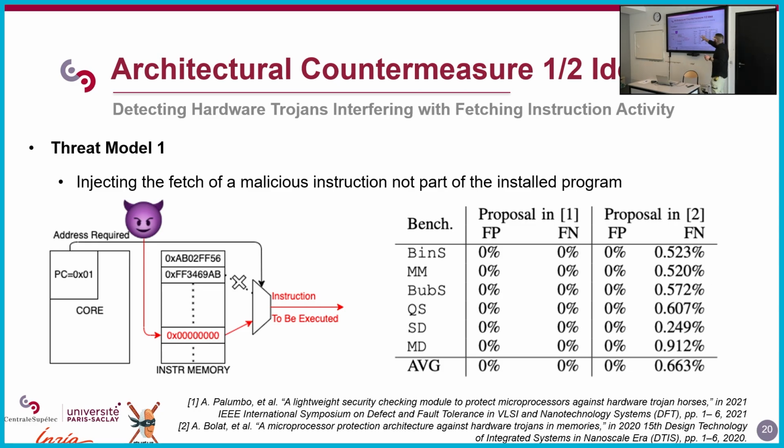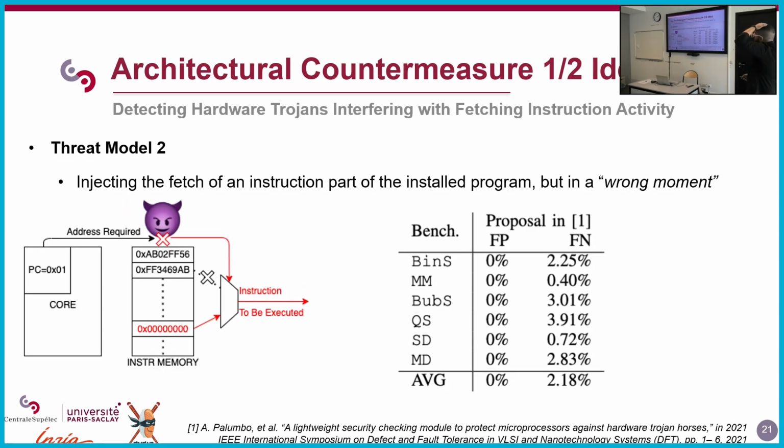In this implementation, we have 0 false negatives and 0 false positives. The false positives are 0 by the mathematics behind it. Also in implementation number 1, we get 0 false negatives. In this threat model, where the attacker is modifying the performance counter, so the address required to the instruction memory, we have some non-negligible false negatives.